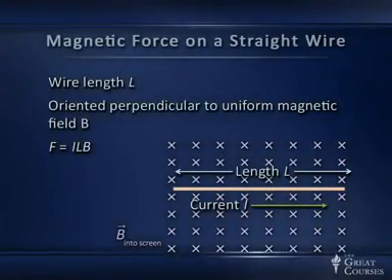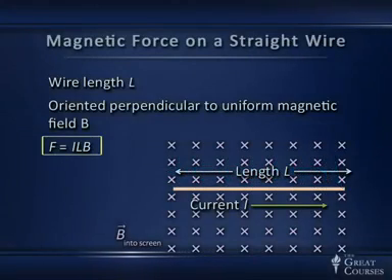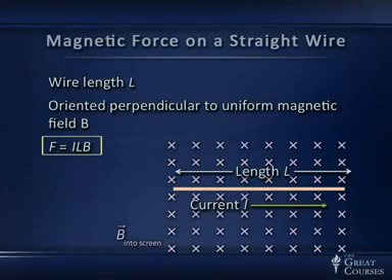If we have a long straight wire, and you work out what happens to the magnetic force on the individual charge carriers, I'm not going to go through the mathematics of it, but it turns out that if the wire is oriented perpendicular to a magnetic field, as in this picture, the force is simply the current times the length of the wire times the strength of the magnetic field. If it's oriented at some other angle, there's a sine theta in there.